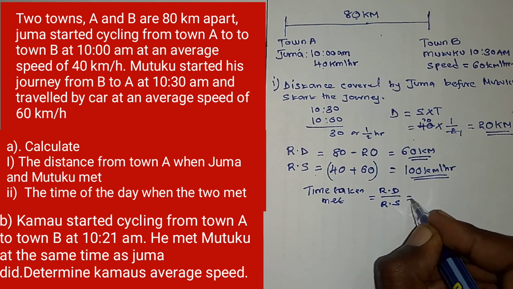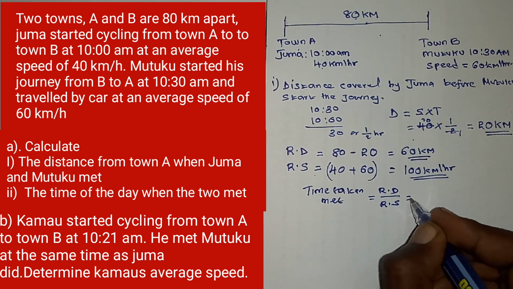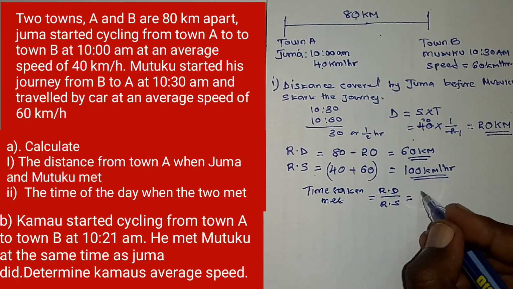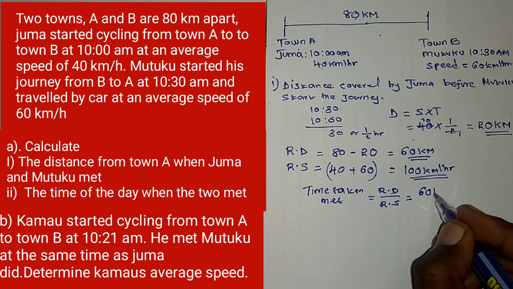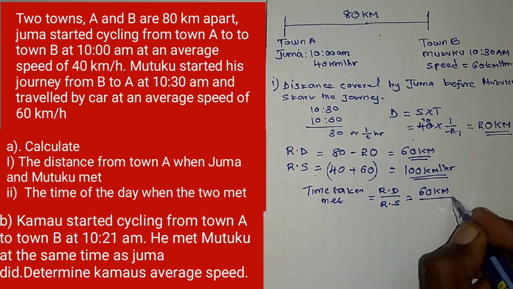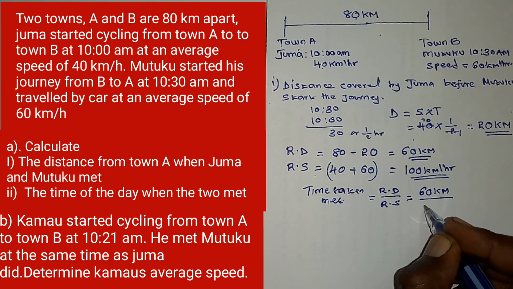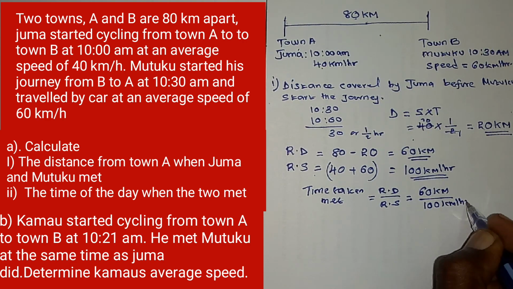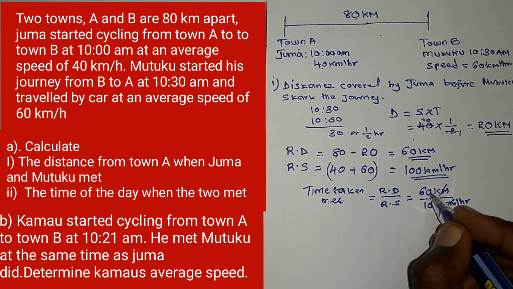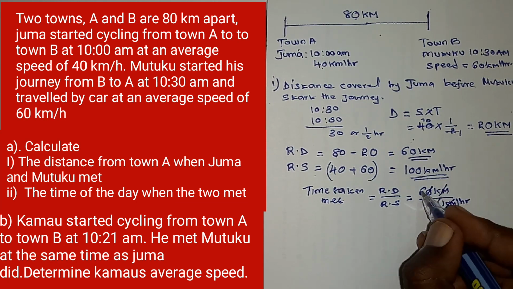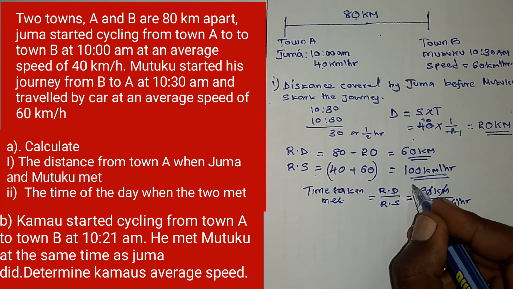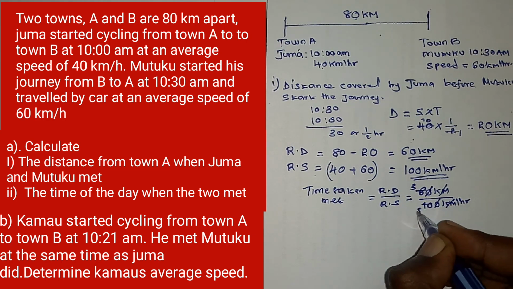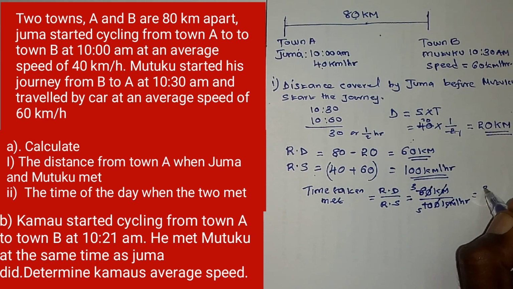The relative distance is 60 kilometers over the relative speed, which is 100 kilometers per hour. Simplifying, we get 3/5 hours.